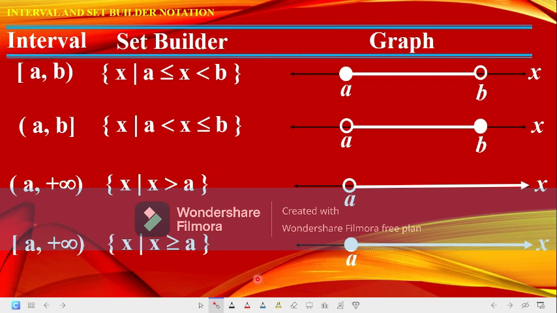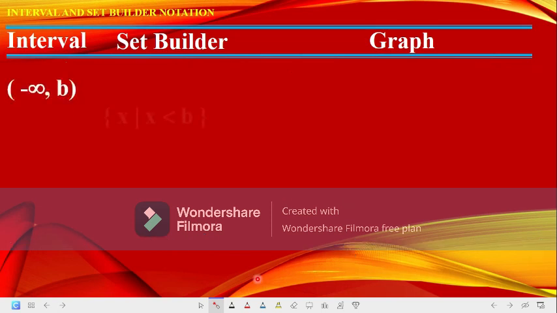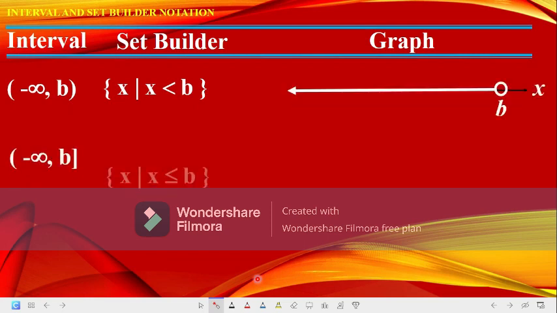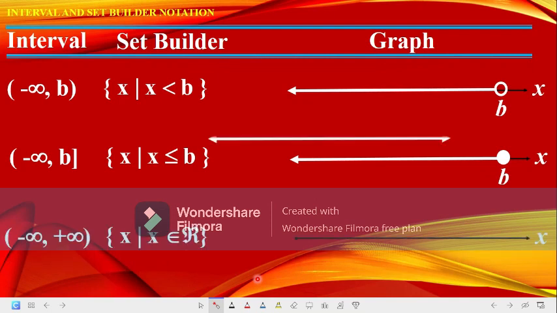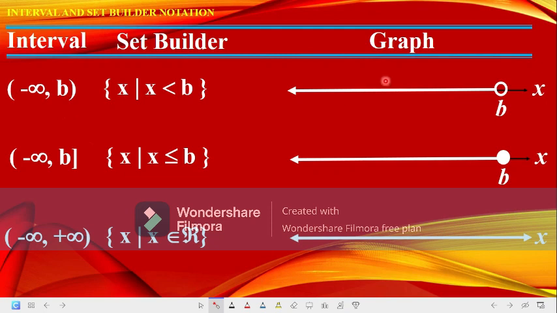Let us proceed. What about if it's like this one? If we have this graph, we don't have A here anymore, but we have B. On top of B is a hollow circle or open circle. Remember, in a number line, we have negative, 0, then positive integers.